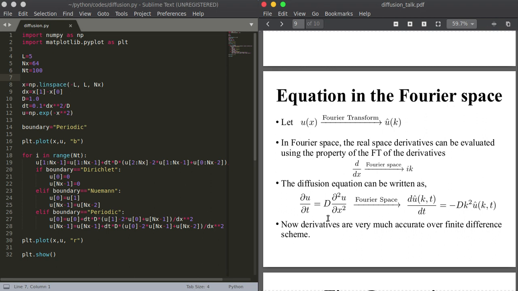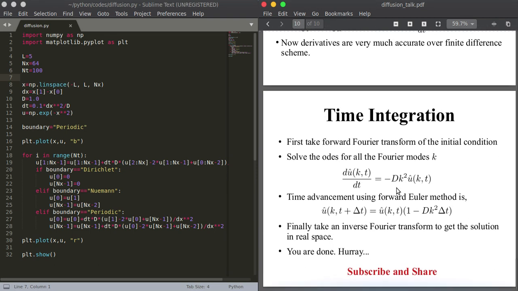But compared to that, the Fourier derivative, using this ik multiplication, is very accurate. Okay, so this is the power of spectral methods.